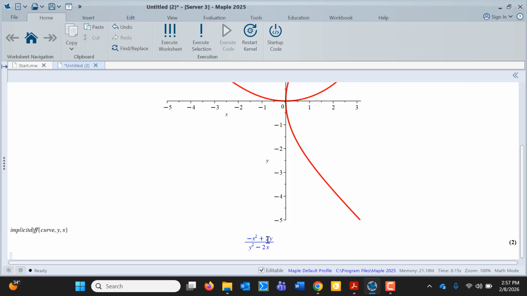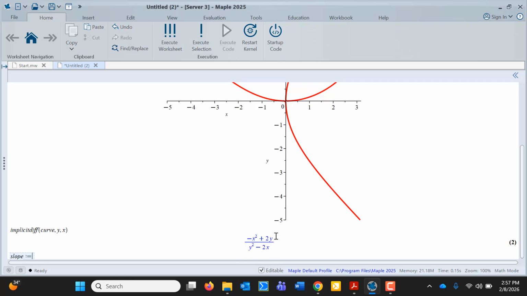Okay, now some of the later questions are going to ask us to do stuff with this derivative. So in order to not have to retype this every single time, let's go ahead and define that to be something. So it's a derivative, and derivatives are slopes. So maybe let's call this slope, and I'm going to define the word slope to be this answer.